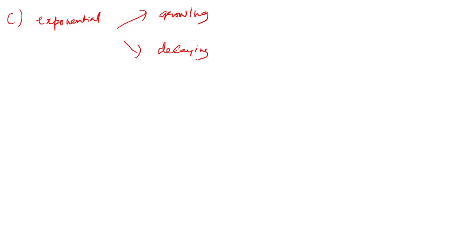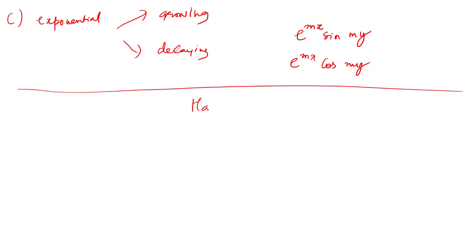For example, something like e to the power mx times sine my, or e to the power mx times cosine my. These would also be harmonic functions. So in general, we have three types of harmonic functions.